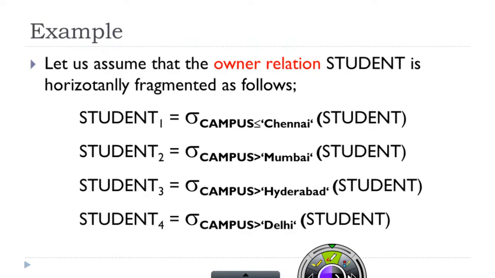That means we have 4 different sites at these locations because we have campuses in Chennai, Mumbai, Hyderabad and Delhi. We have already fragmented the student relation according to the min-term predicate and min-term fragment values. Campus Chennai: now what we have is student 1, student 2, student 3 and student 4.